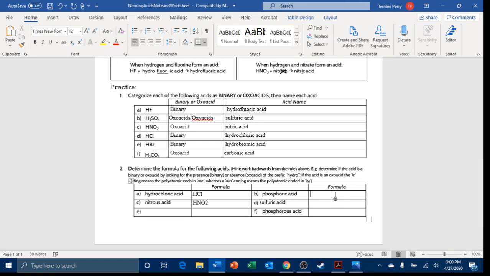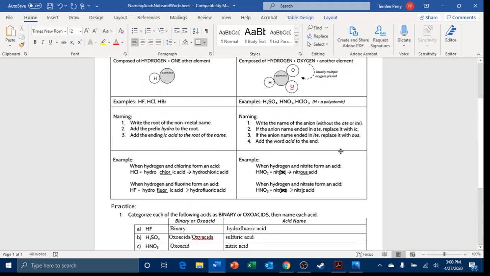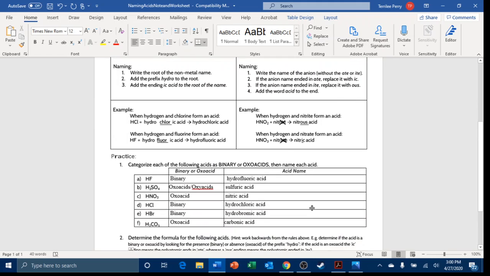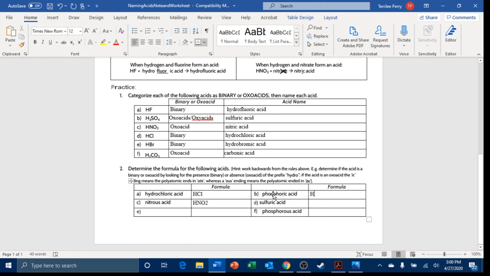Okay, phosphoric acid, we know that it's an oxoacid because there's no hydro. So let's go ahead and put our H because it still goes. And ic comes from ate up here. So that's going to be phosphate, because it was an ic. And now we're going to take it backwards to phosphate.